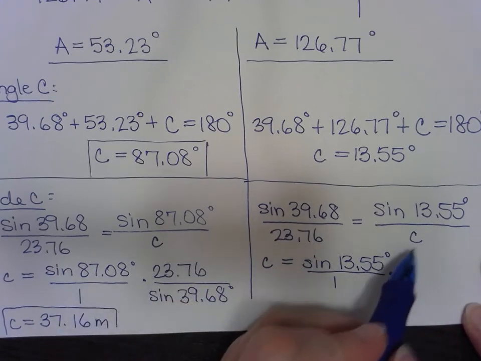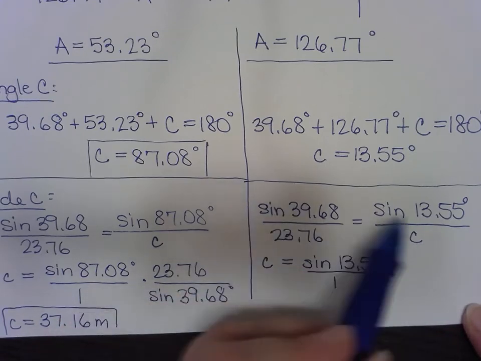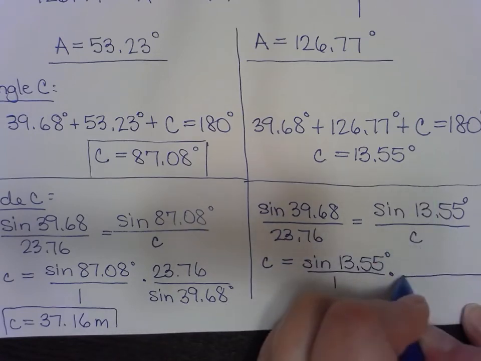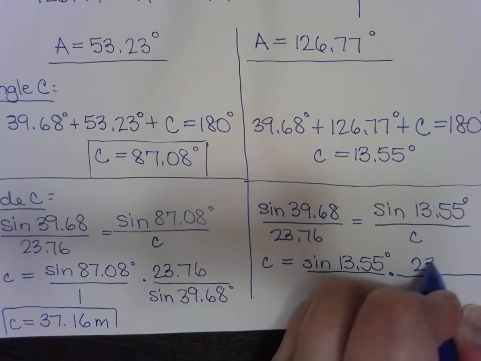Okay, so when I multiply C over to this side, this is going to be over 1, and then I'm going to multiply by the reciprocal of this fraction.